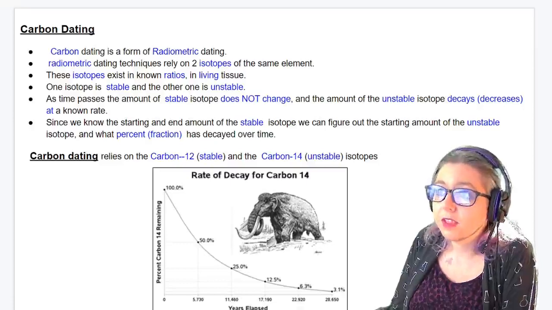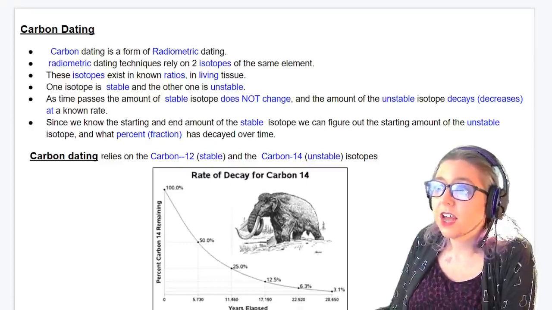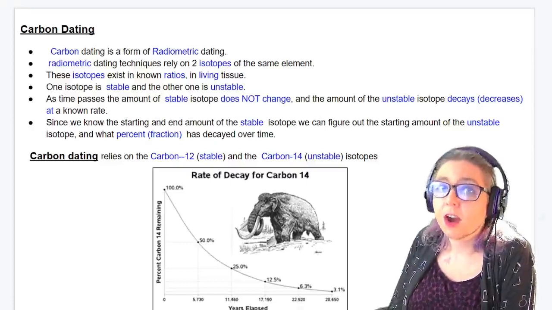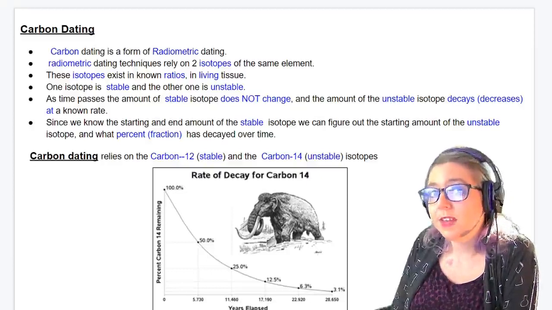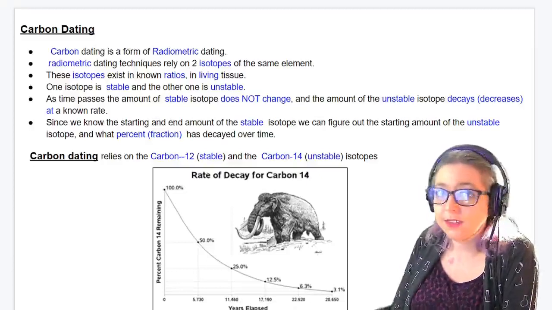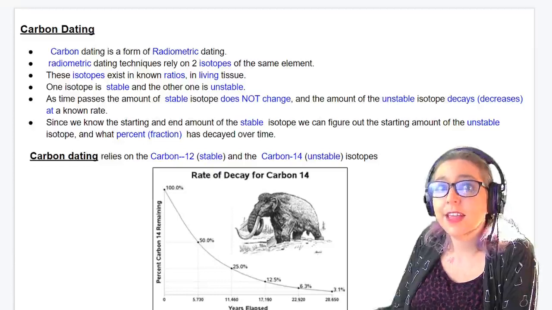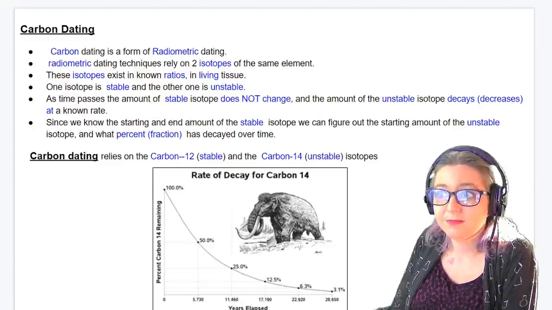There are some elements that you can use on non-living items, but carbon dating can only be used on organic things. One of those two isotopes will be stable, which means it does not go through nuclear decay, and the other isotope is unstable, so it decays at a known rate.